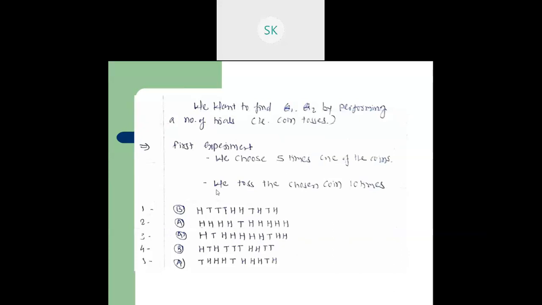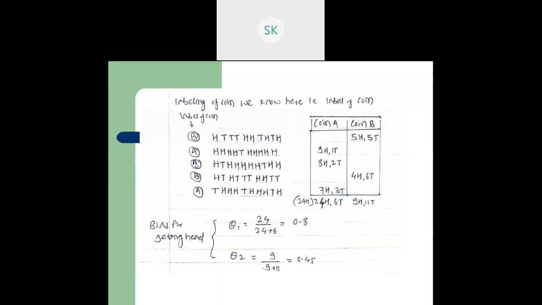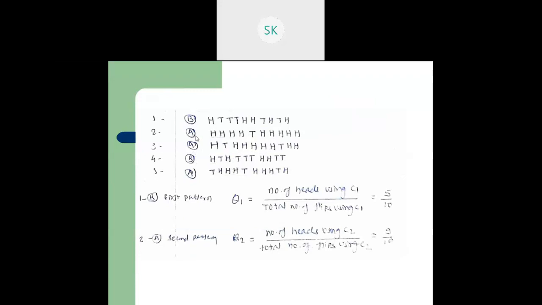As an example, we have taken the toss of coins. The result is here. The experiment is: choose one coin 5 times, and toss this coin 10 times. If the results, the labels, are known, then it is quite easy and you will get these results.